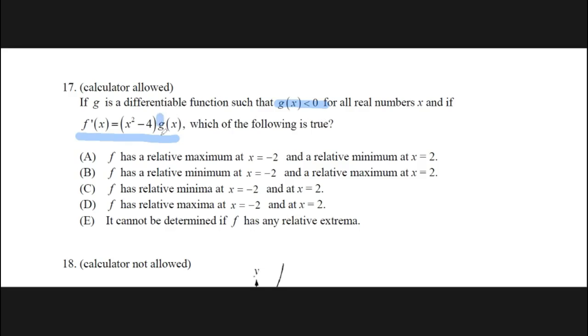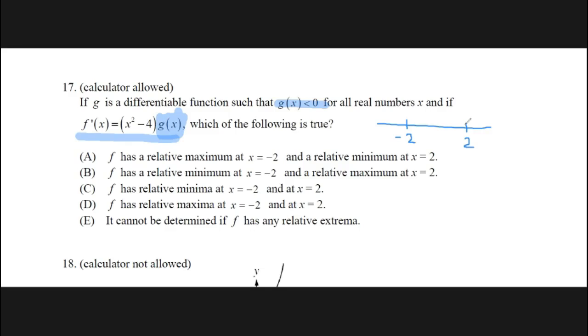Well, this idea here that this is always negative, once again, you're taking into account what I kind of specified before. You want to know, okay, when is x squared minus 4 going to have a 0? So that's at negative 2 and 2. So what is happening at negative 2 and 2?